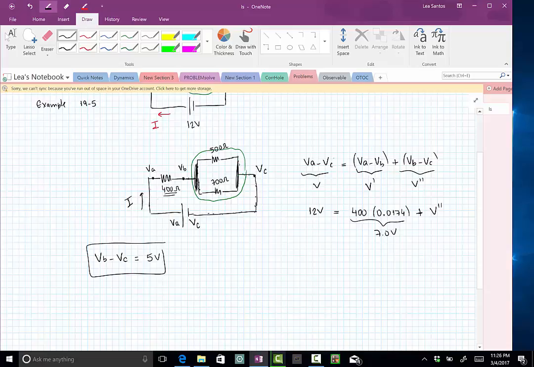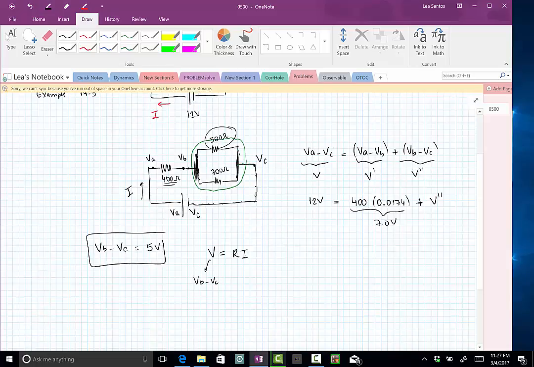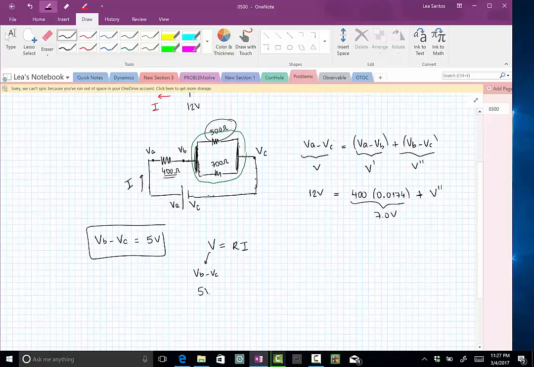All right, now with this I'll be able to find the current that goes through the resistance 500 ohm. How? I'm going to use this equation, V equals RI. The V that I'm interested in is VB minus VC, because I'm thinking about the resistance 500. So this is 5 volts.